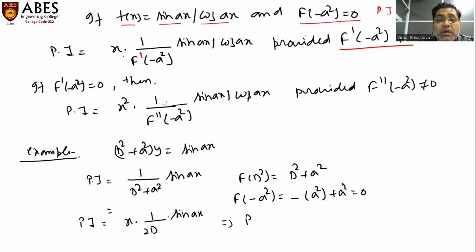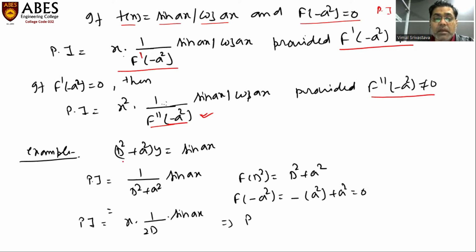If this becomes 0, then again we multiply this expression by x² and differentiate f′ with respect to D again, and then replace D² by −a², and so on. We do this until the denominator is non-zero. Whenever it is 0, we proceed again and again. So this formula is workable whenever f″(−a²) is not equal to 0.